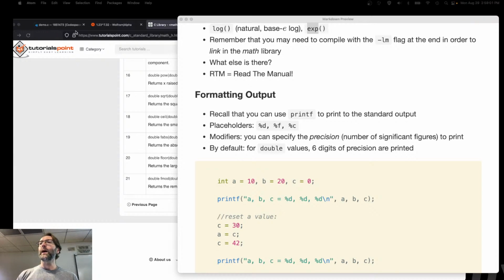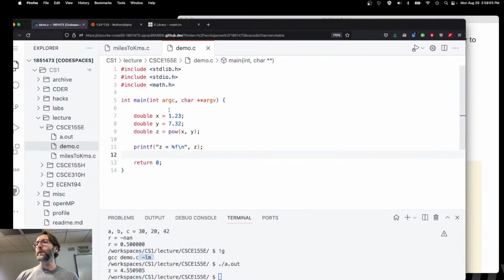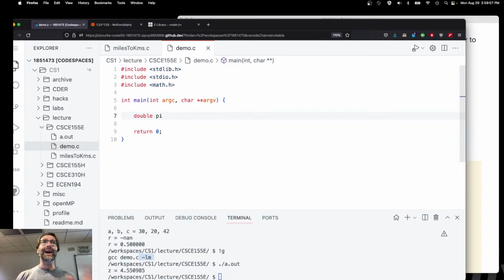So let's go back to our code editor and take a look at what I mean. I'll define my own pi. This is not something that you should do, but I'm going to define my own pi here for demonstration purposes. pi is equal to 3.14159. I won't get any more accurate than that because I want to play around with this.